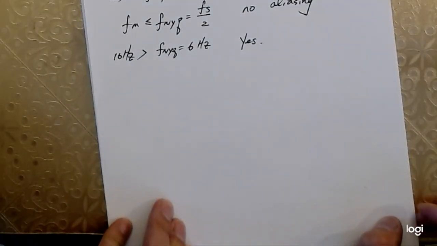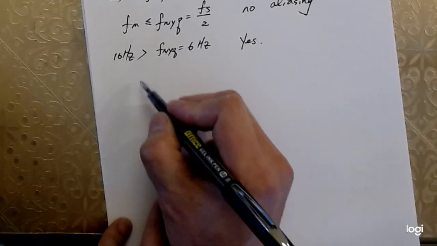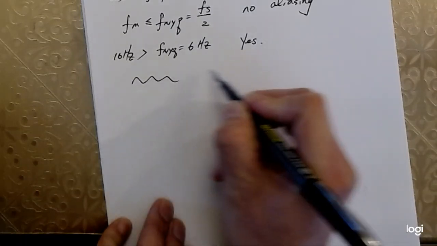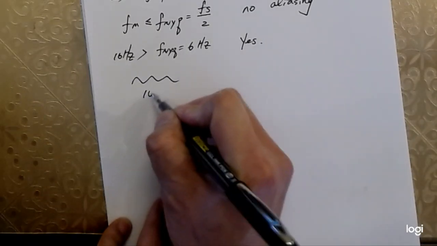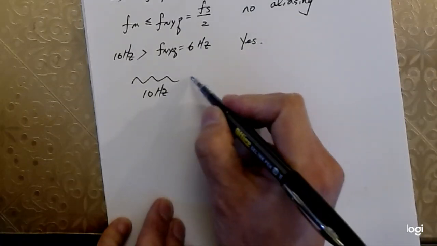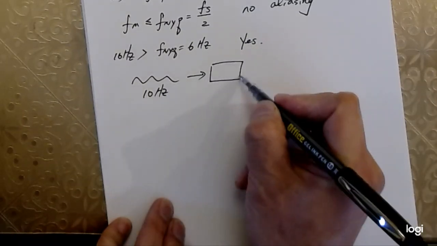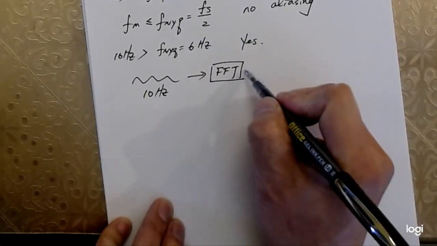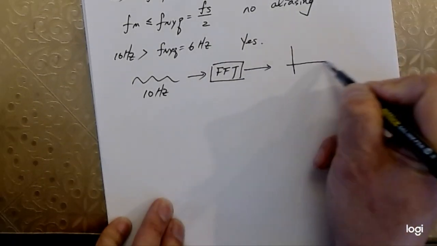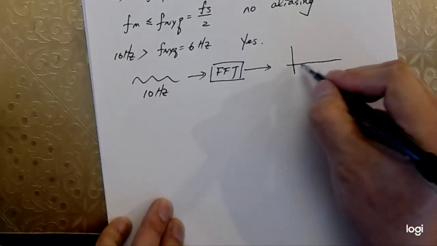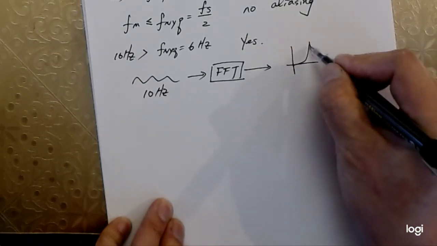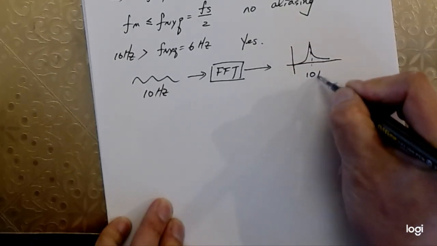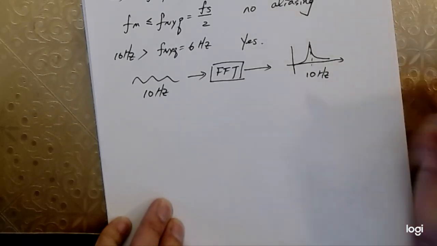So this means if I have a sinusoidal signal at 10 Hertz coming in through this FFT, supposedly I should get a spike at 10 Hertz in the frequency spectrum.